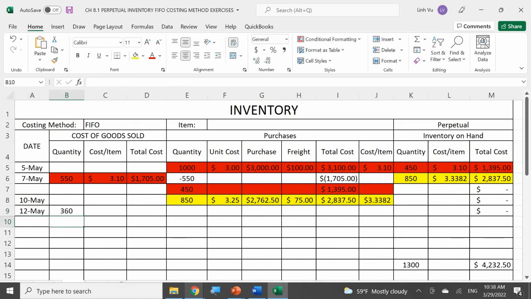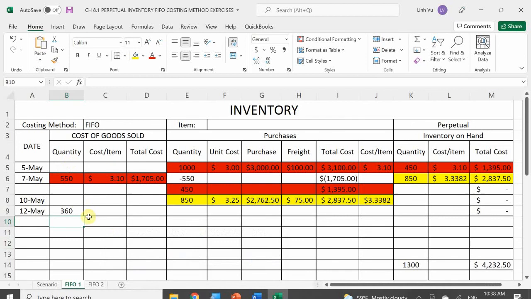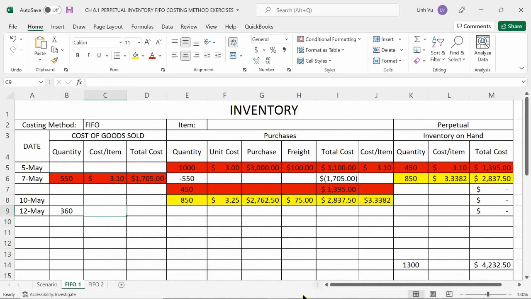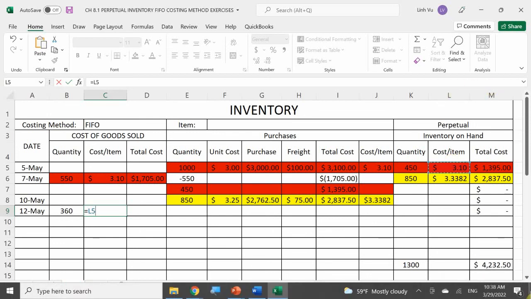Now let's take a look. Do I have enough in my first batch of inventory? Yes, you do. So in this case, I am okay to go ahead and take 360 units out from my first batch, which cost me $3.10 each.